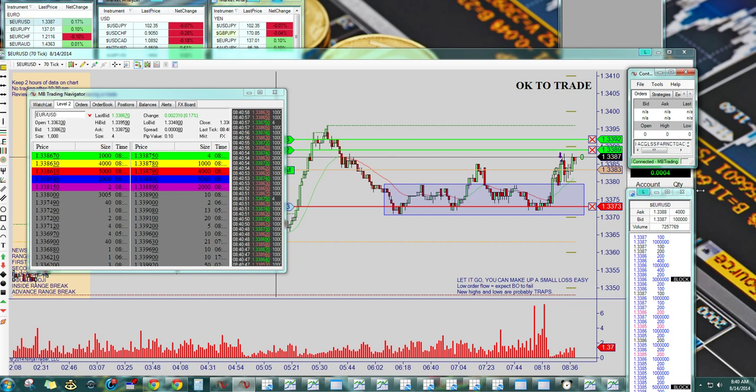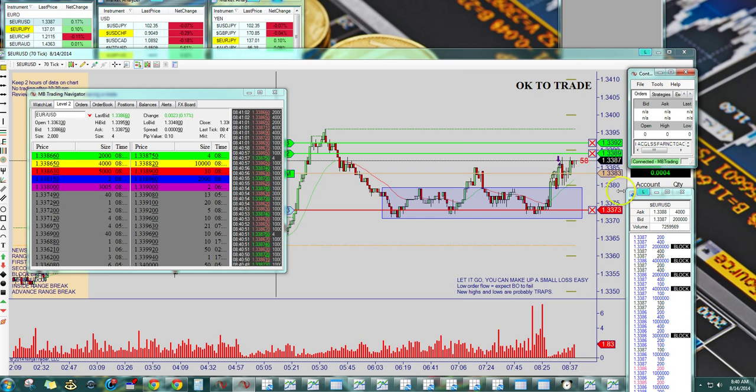You can see here we're bouncing along 3 or 4 pips in profit, and you can see I'm connected to my live account.